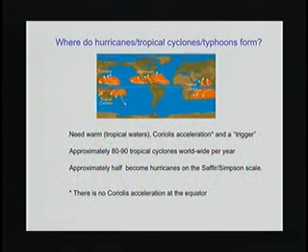Now, where do hurricanes form? And here I'm also slipping in the fact that hurricanes are called severe tropical cyclones in some parts of the world, where I come from, and typhoons in the northwestern Pacific, and typically hurricanes in the Atlantic and eastern Pacific.